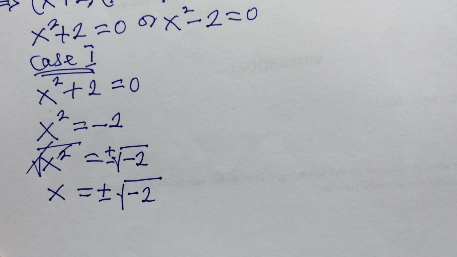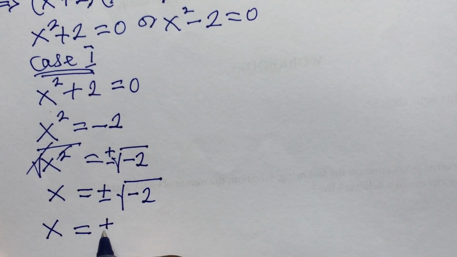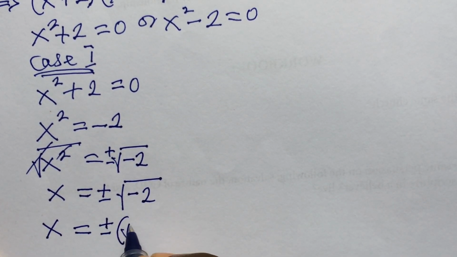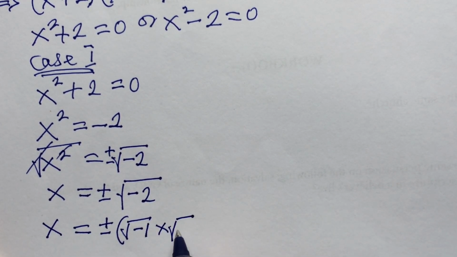According to the surd rule, we can rewrite this as x equal to plus minus bracket square root of minus 1 times the square root of 2.